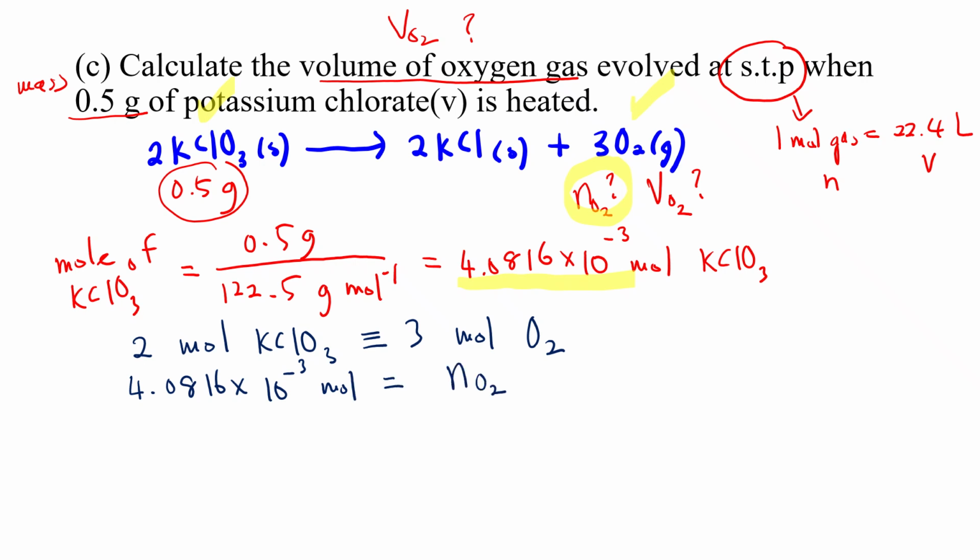Okay, so if you are unsure nak kena darab ke nak kena bahagi mole yang dah jumpa tadi dengan Stoichio ratio kita, maka you can do this general statement jugalah. From here you boleh nampak mana yang nak kena darab, mana yang nak kena bahagi, and then selesaikan ikut prosedur maths yang biasa.